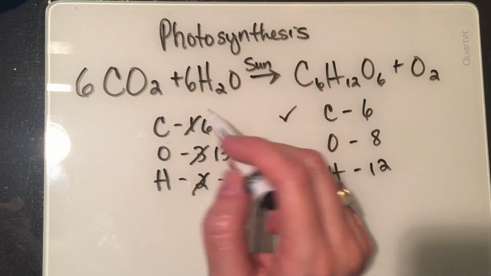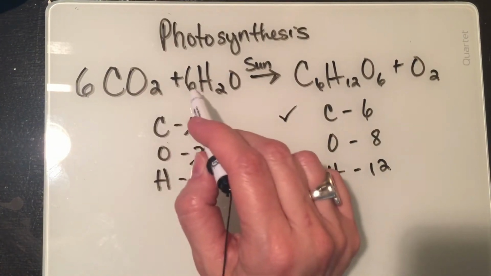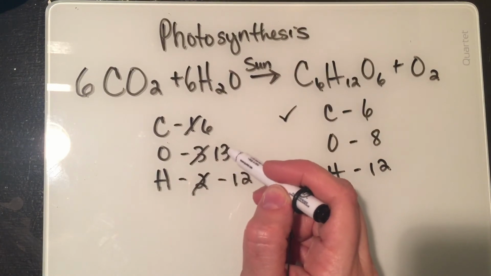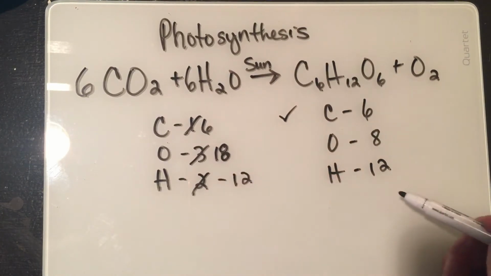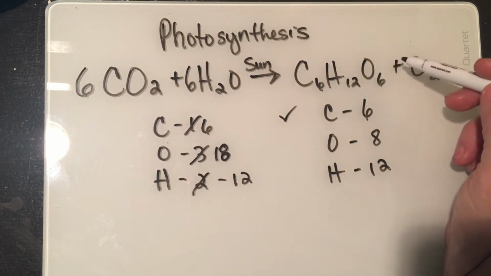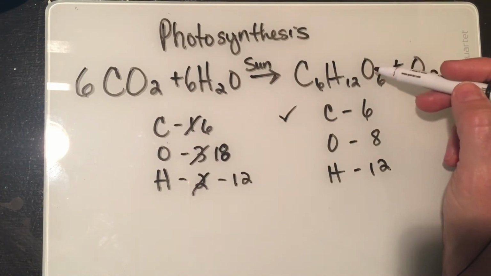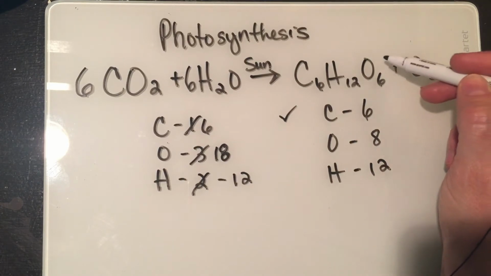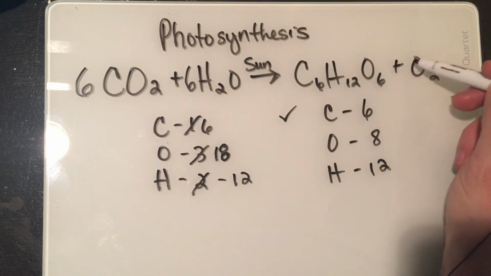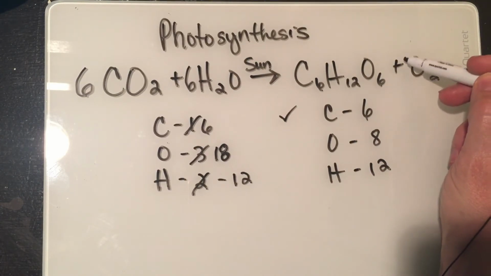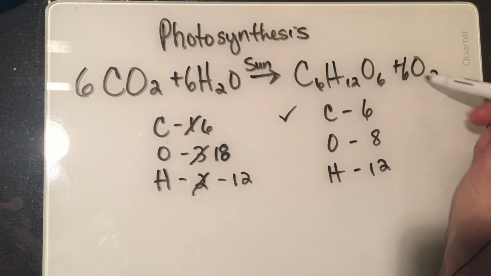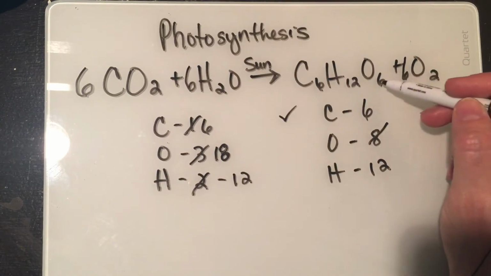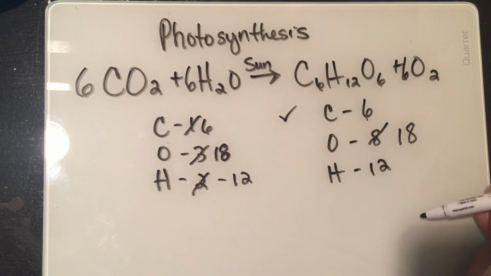What does that do to my oxygens? So I had 12 here. Now I have 6 here, so that gives me 18. I'm going to turn that into an 18. And I've got 6 here, so I need to be able to get 12 more. So if I put a 6 in front of this, that's going to give me 12 here plus 6 here, which is 18.